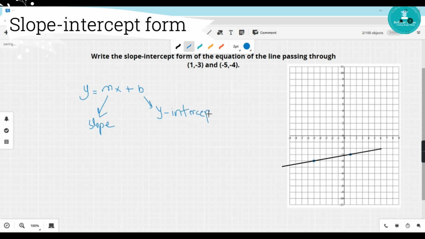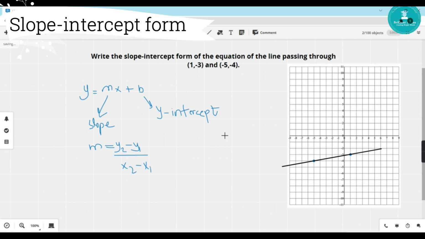First of all, we need to figure out the slope of this line. I will be using the slope formula, that is m equals y2 minus y1 over x2 minus x1.